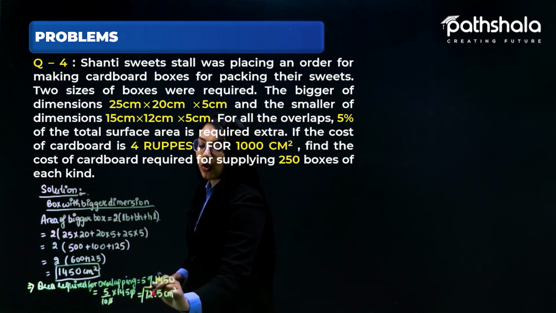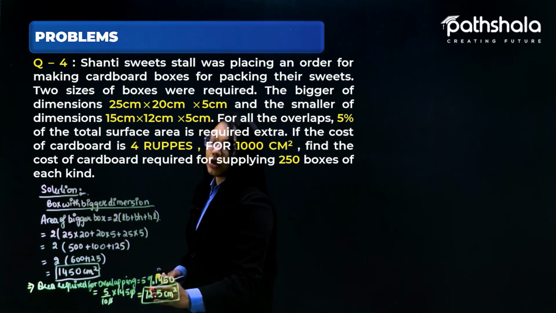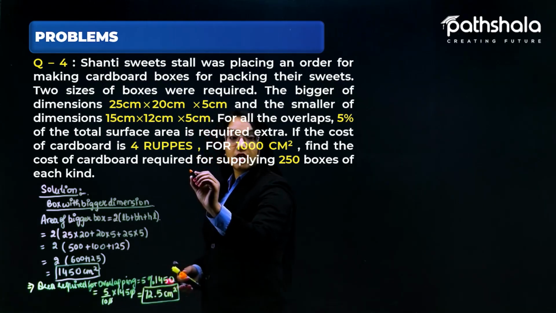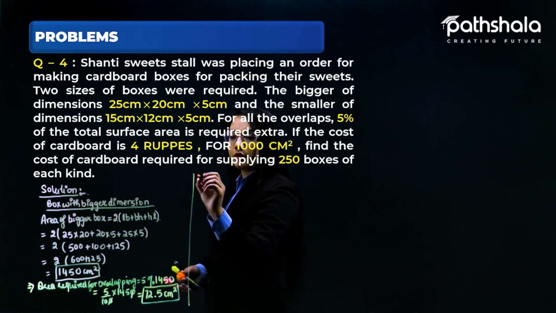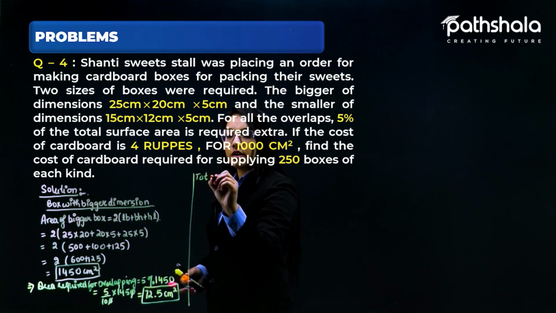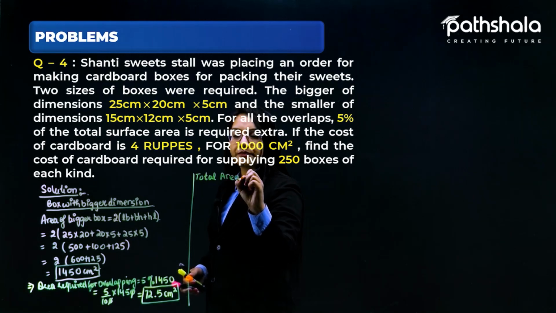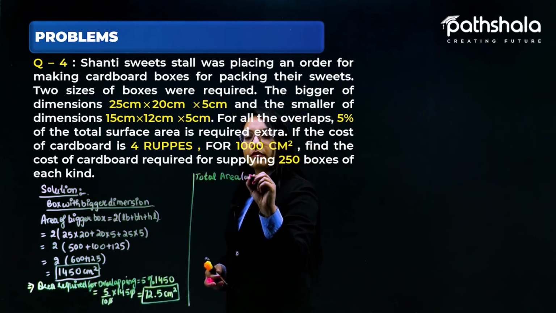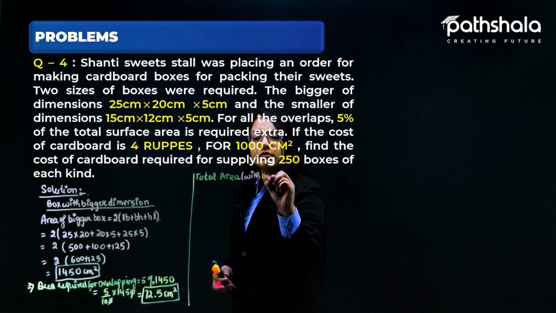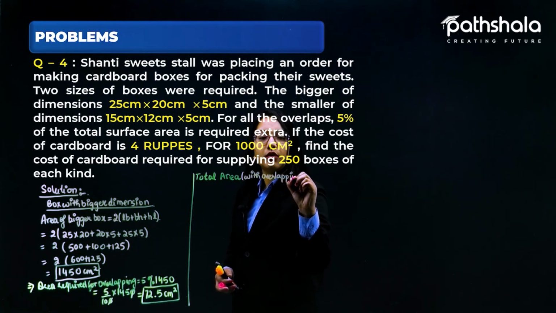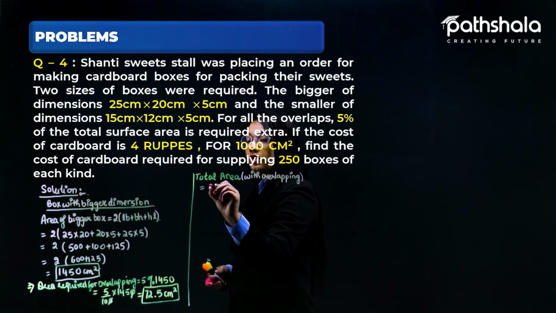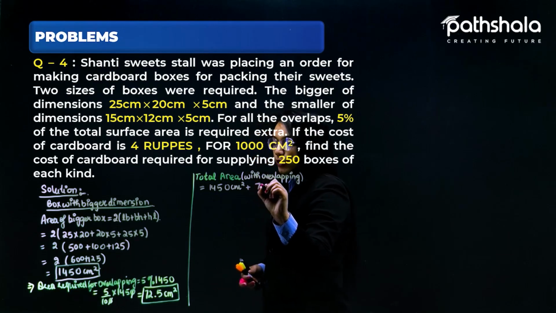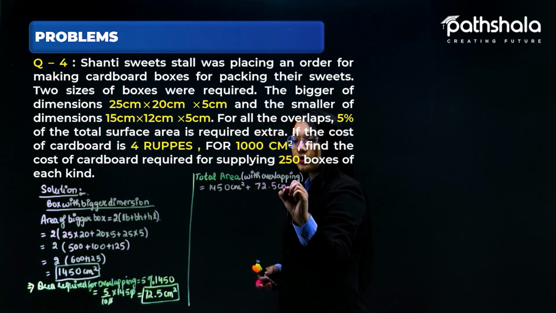Now let's talk about the total area formed after taking the area for one box and the area for the overlapping. The total cardboard required, the total area with overlapping, should be equal to 1450 centimeter square plus 72.5 centimeter square.